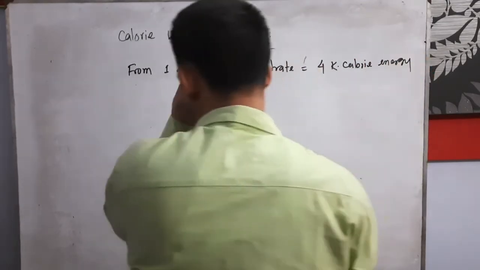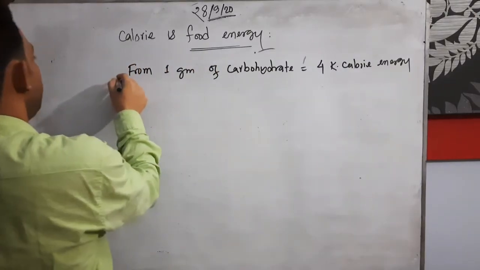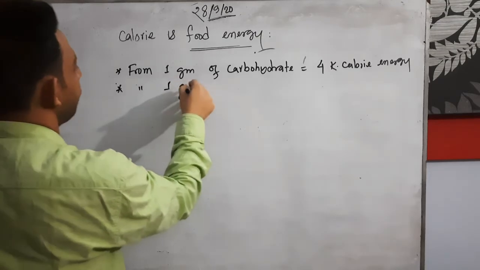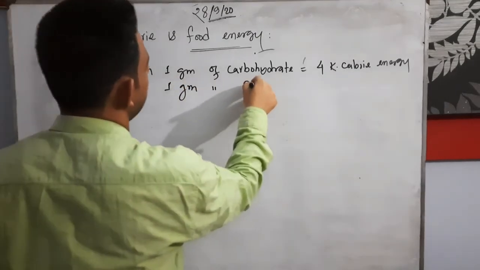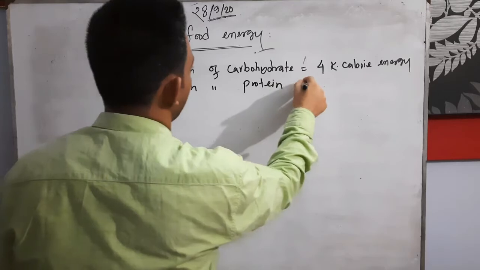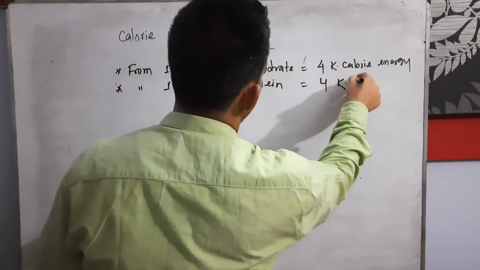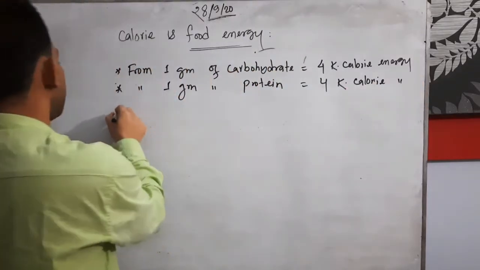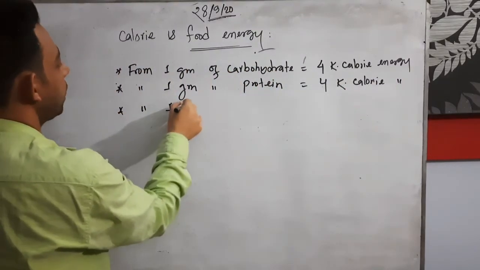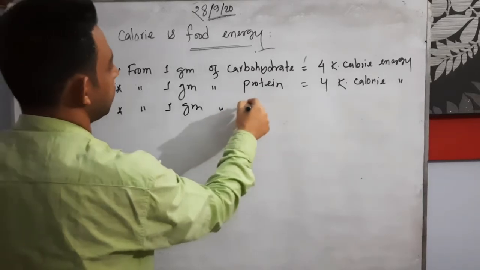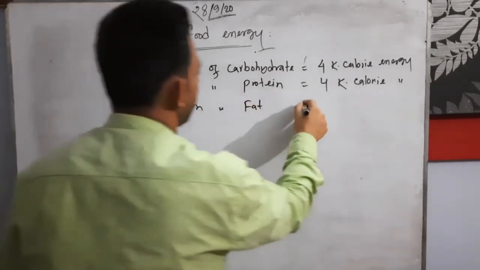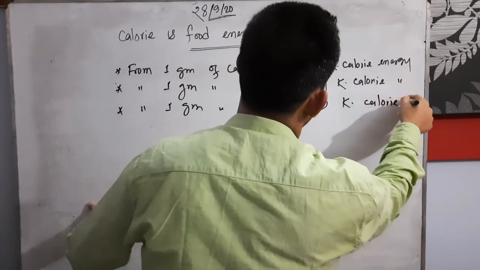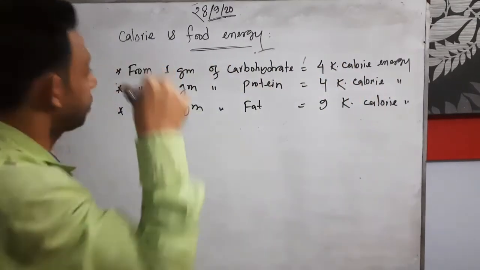Second, from 1 gram of protein we will get 4 kilocalorie energy. Third, from 1 gram of fat, we get 9 kilocalorie energy. So this is for doing the math.